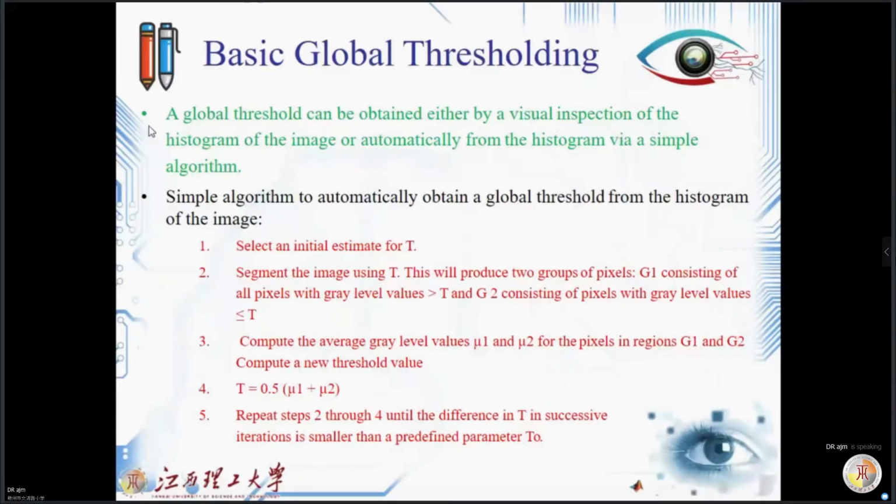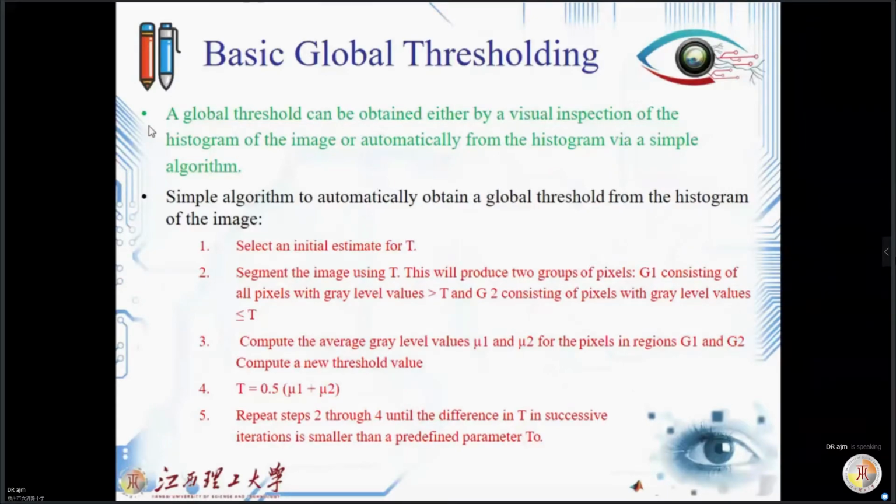First, you should select an initial estimate for T, and then segment the image using T, which will produce two groups of pixels, G1 and G2. G1 consists of all pixels with gray level values greater than T, and G2 consists of the pixels with gray level values less than T. Then in the third step, we compute the average gray levels mu1 and mu2 for the pixels in regions G1 and G2 and compute the new threshold value.